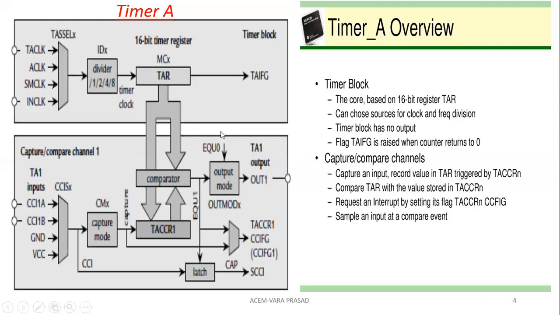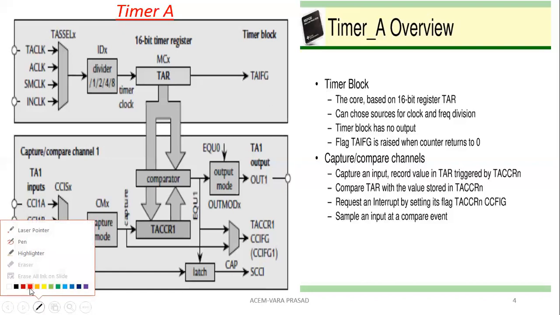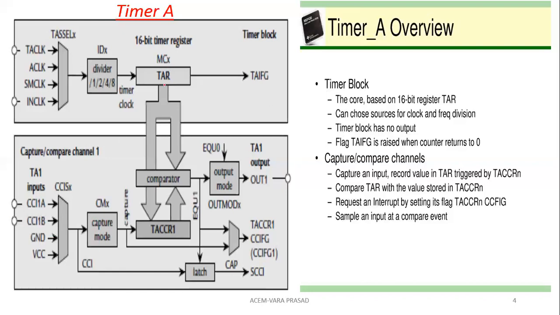How will this work? Timer A consists mainly of the TAR register, the Timer A register. This is a 16-bit register, used to count the number of clock pulses.